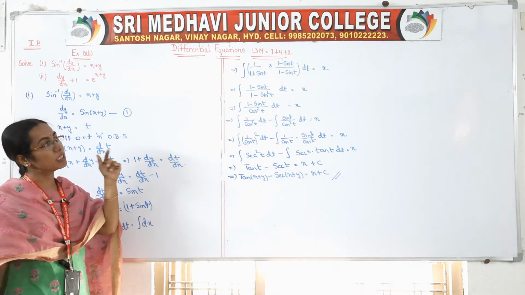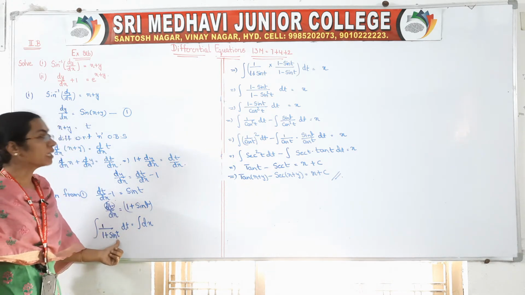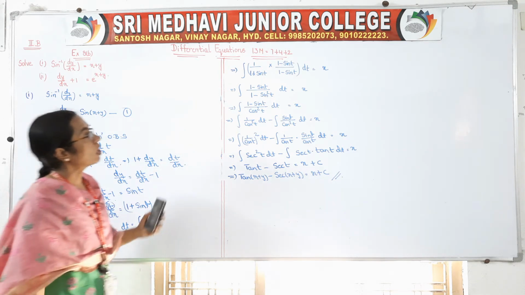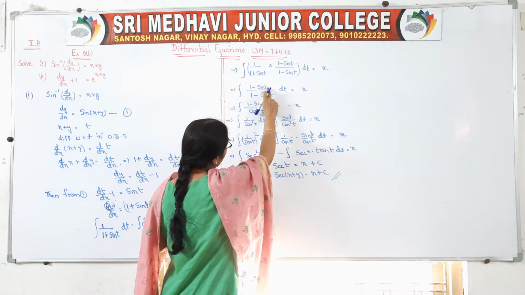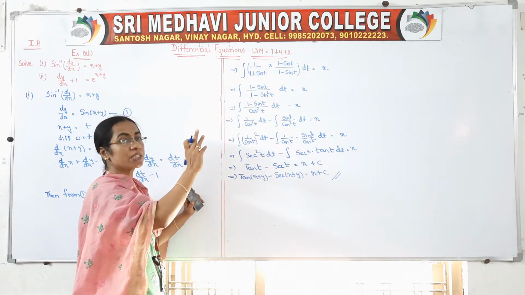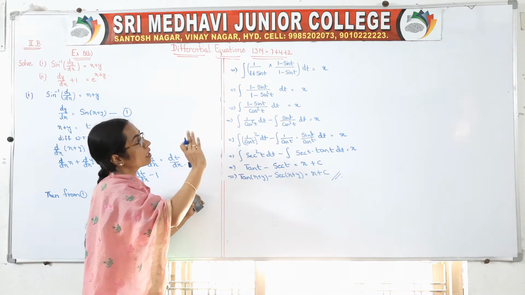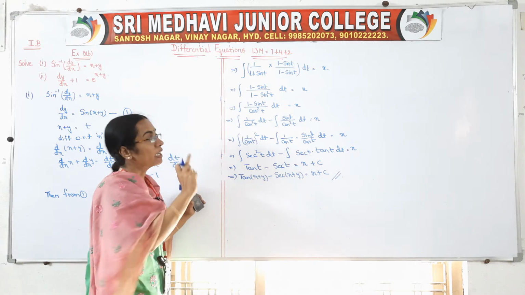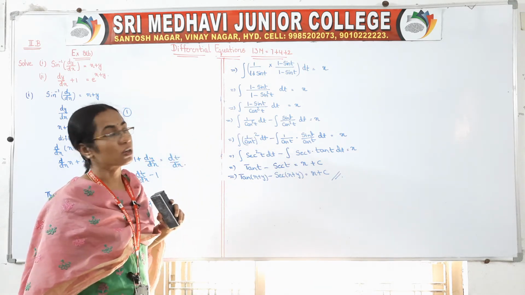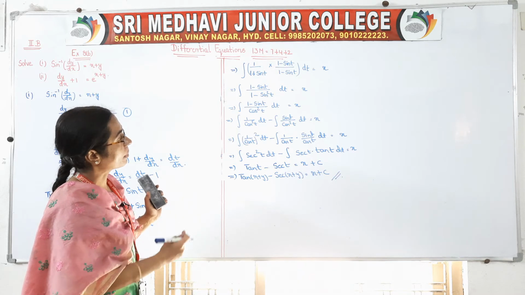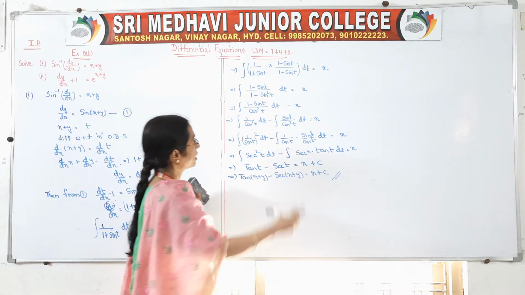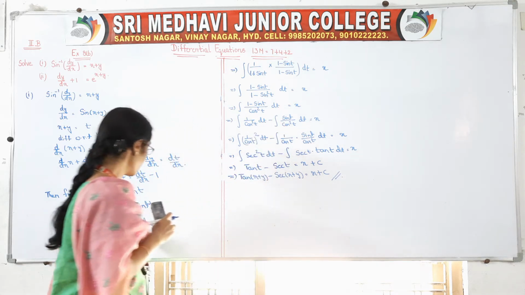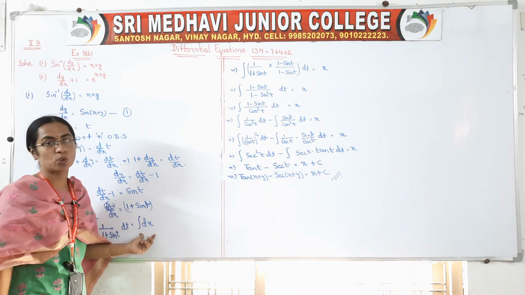Same thing here with t, so multiply and divide with 1 minus sin t. Upwards 1 into 1 minus sin t, downwards a plus b into a minus b form, a square minus b square, so 1 minus sin square t, that is cos square t. After that you write separately 1 by cos square t dt and sin t by cos square t dt. That side integral dx is nothing but x only.